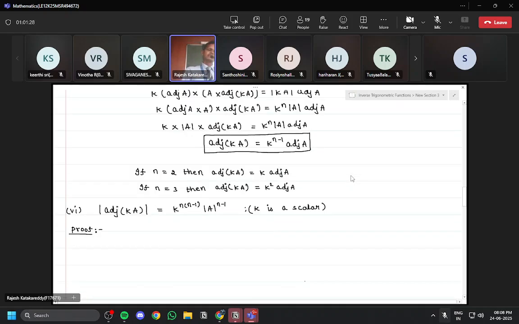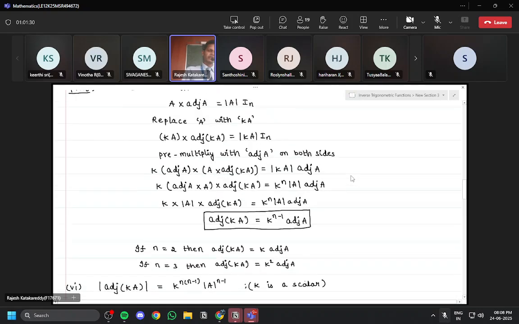I hope everybody copied. You can copy the next property as well. This is for the determinant of the above matrix: determinant of adjoint of K into matrix A, where K is a scalar.